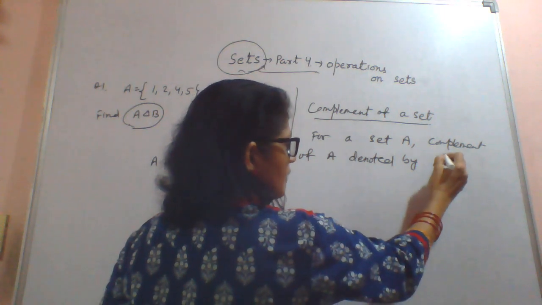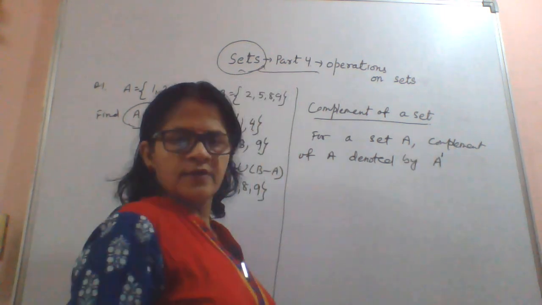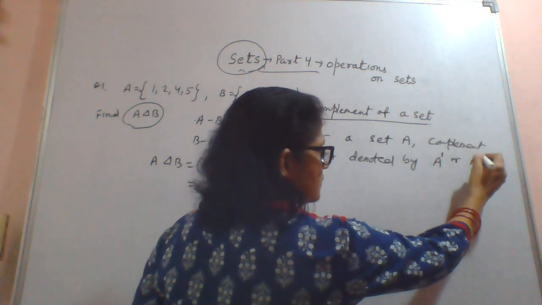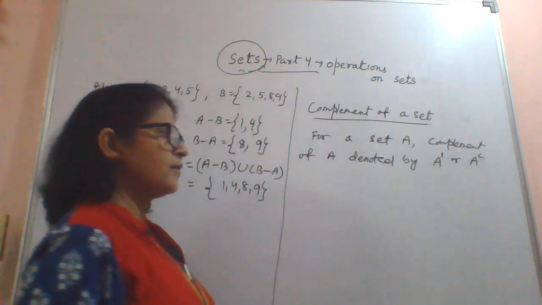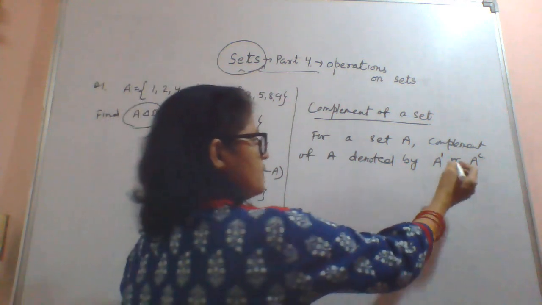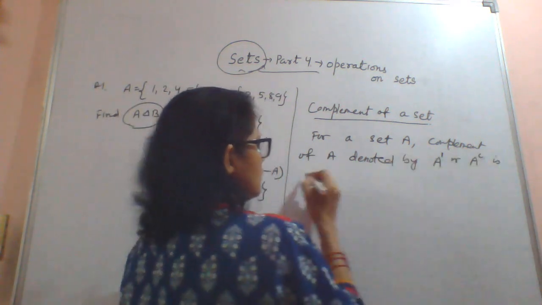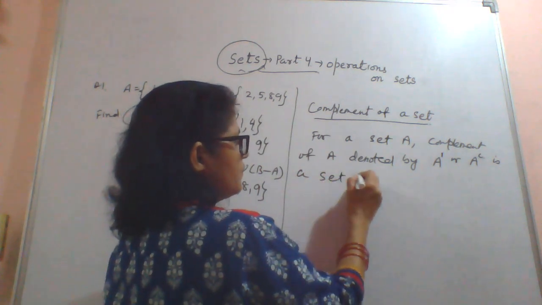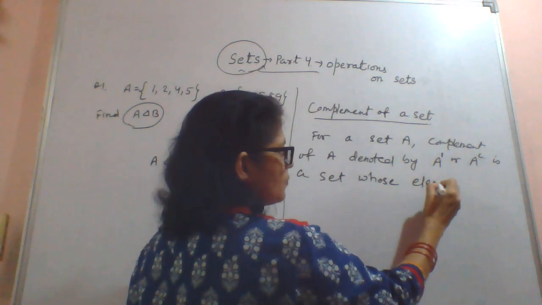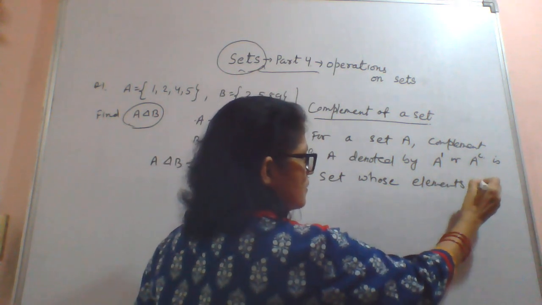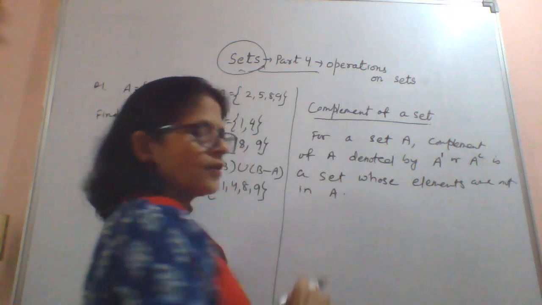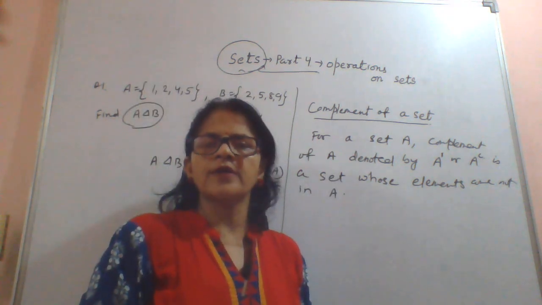We write A like this dash, A dash, or we write A C. So you can use one of the two symbols. It is a set whose elements are not in A. So A complement means not A.